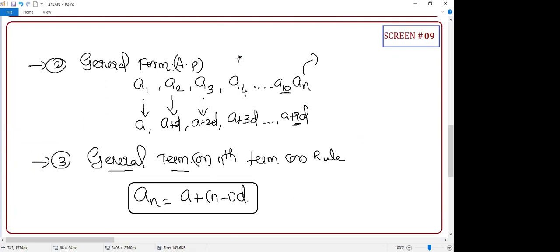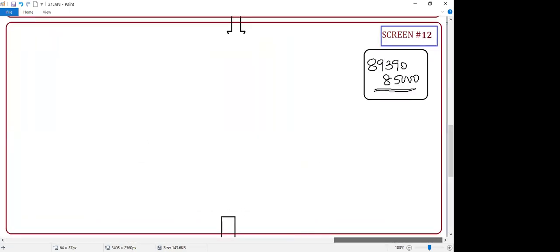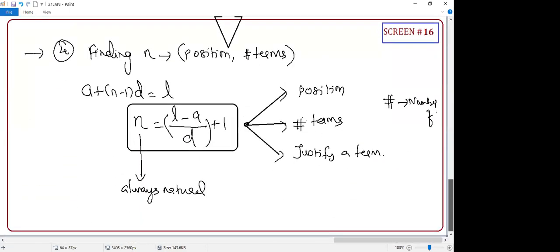I thought it would be over, but we have a few more formulas I wanted to teach you. Only the concept, but whatever formula I teach you is a golden formula, students. It will help you a lot in your exam.